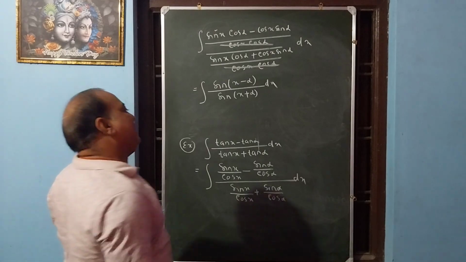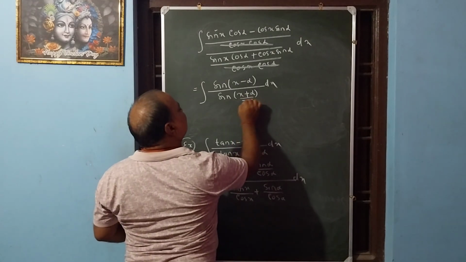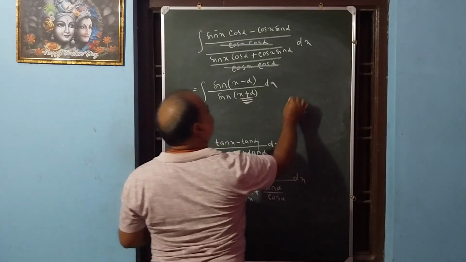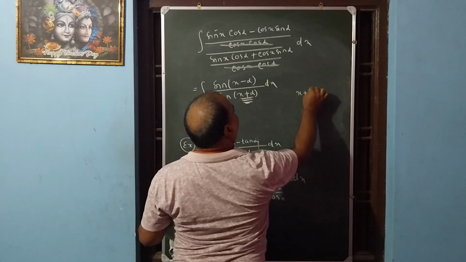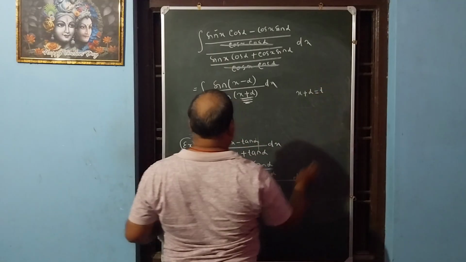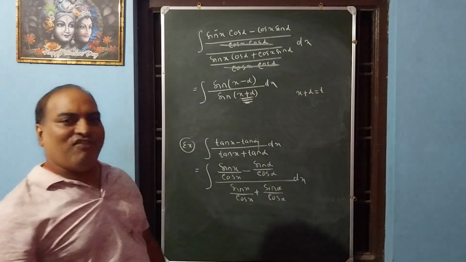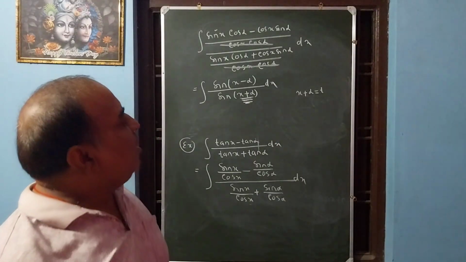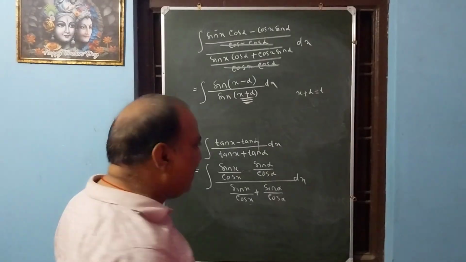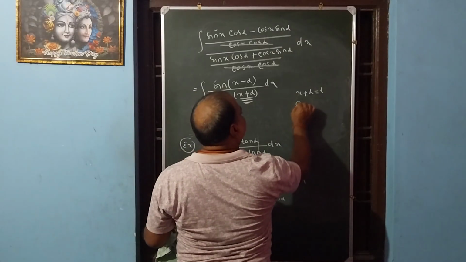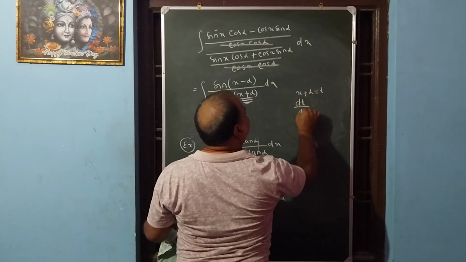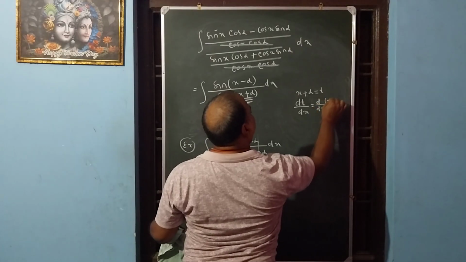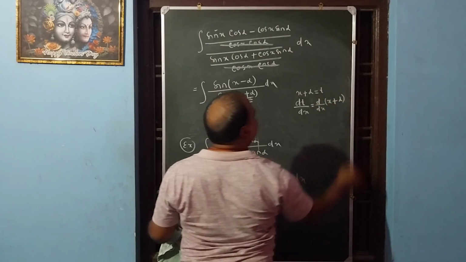So you have to take this quantity as t. Let us take x plus alpha is equal to t. Once you take that, you have to differentiate on both sides with respect to x. So we get dt by dx is equal to d/dx of (x plus alpha), where alpha is a constant.